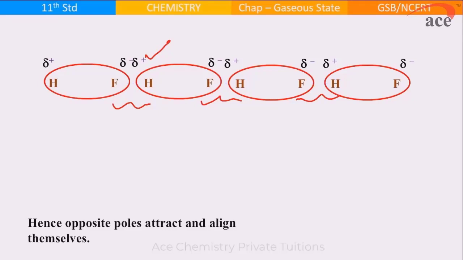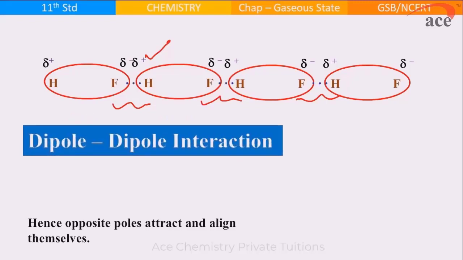Such attraction is called dipole-dipole interaction, which is an attractive force. Why is it dipole? Because there is positive and negative in one molecule and also positive and negative in another molecule. Is that okay?